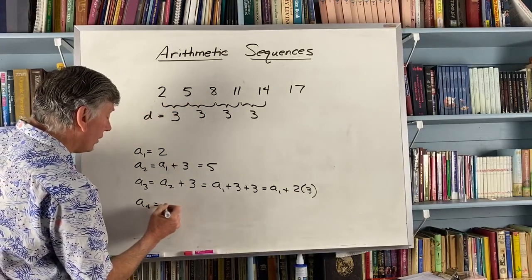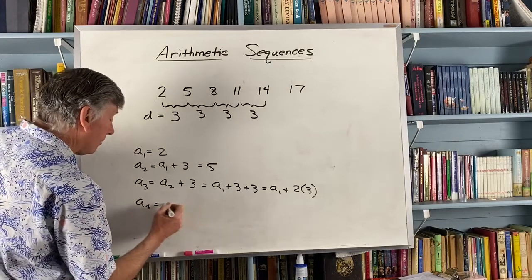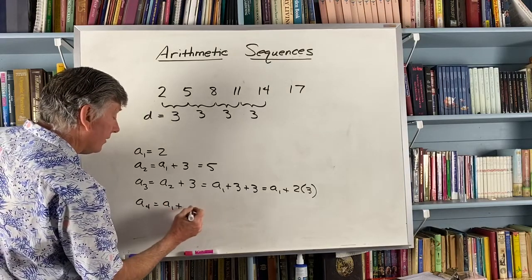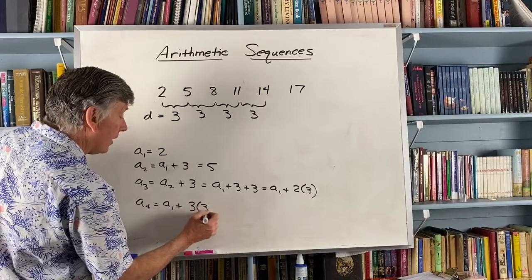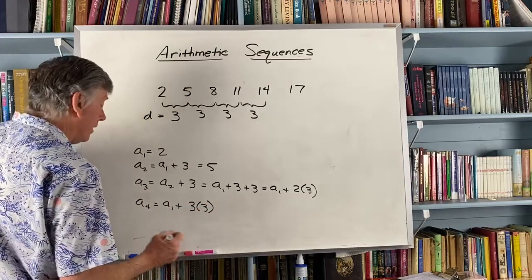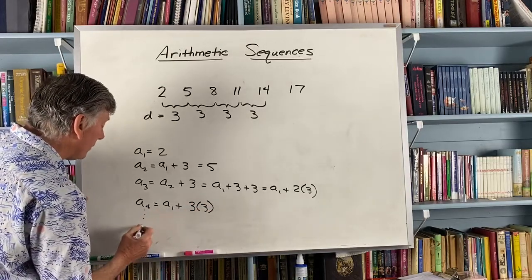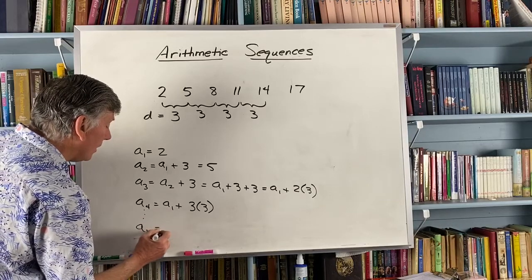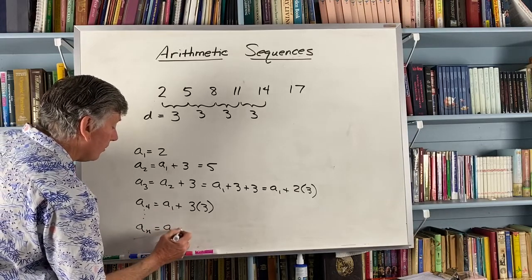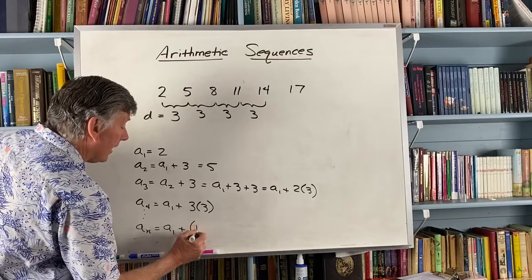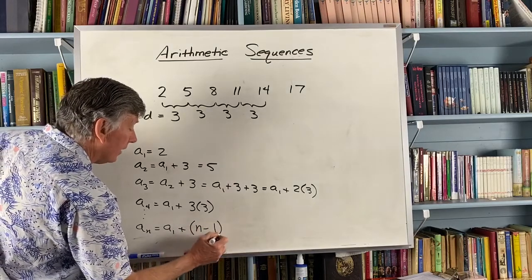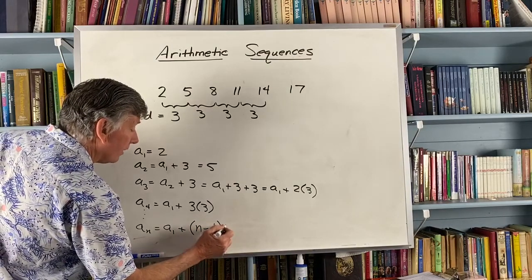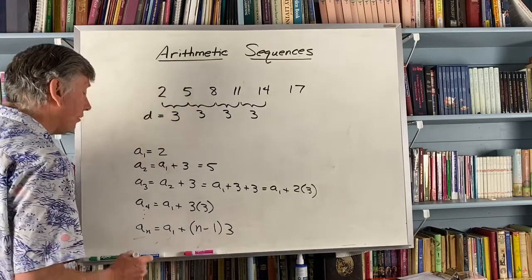A4 is going to be, in this pattern, A1 plus 3 times 3. And so we can say, all right, our nth term is going to be our first term plus n minus 1 times whatever our difference is. In this case, it's 3.